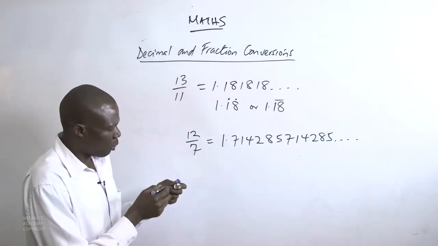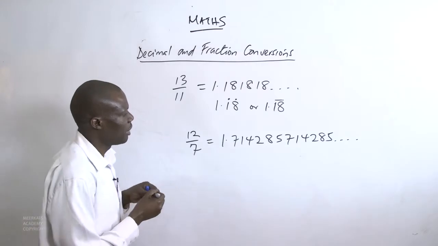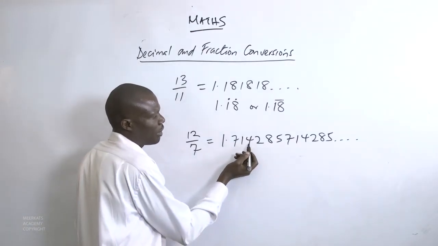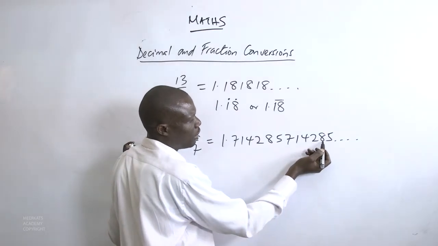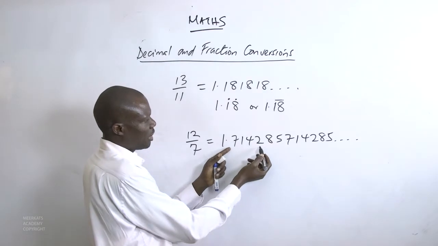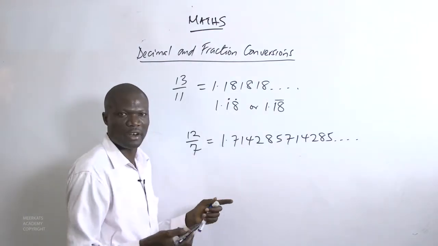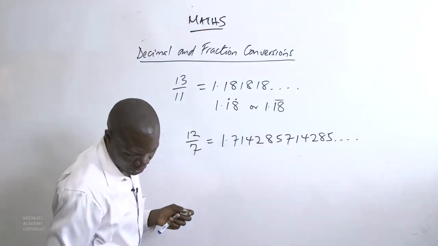So, which decimal places are recurring? You'll find that about 6 digits are recurring.